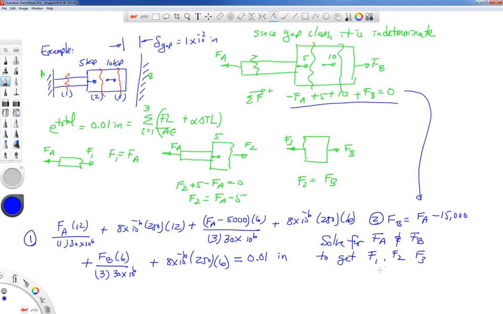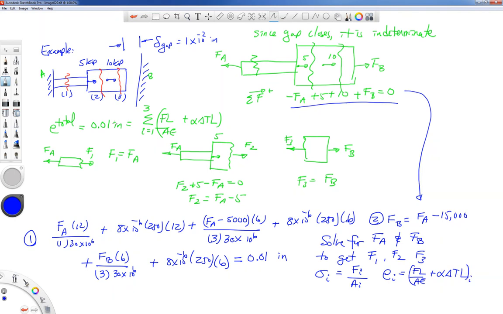Once you know the forces F1 and F2 and F3, the stresses in each piece are going to be those respective forces divided by those respective areas. The deformation of each piece is going to be the FL over AE plus alpha delta TL for each piece.